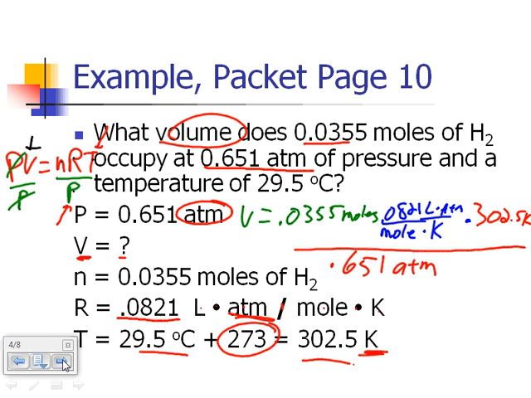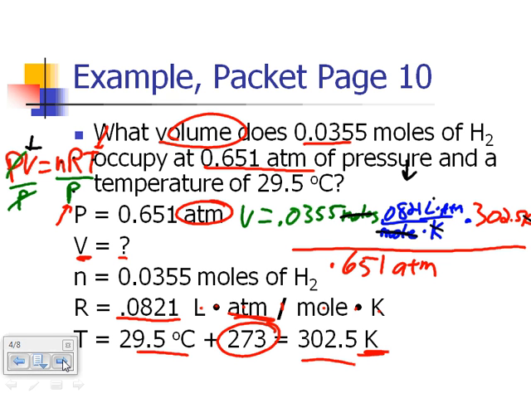So now we're looking at units. You can see this R value contains everything, but now they're going to cancel. Here we have our moles right here, and they will cancel with the moles over in that R value, because it's liters times atmosphere divided by mole Kelvin. So basically, you have moles in the numerator, moles in the denominator. Same thing with Kelvin.